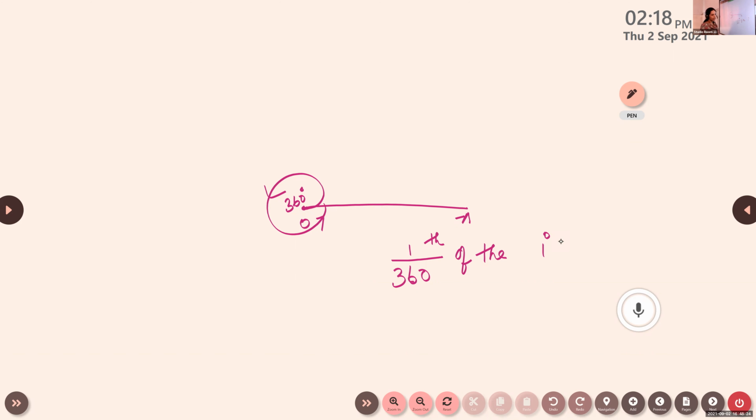So what is 1 degree? It is the angle covered in 1 by 360th of the revolution. Is it clear, children? Therefore, 1 by 360th of the revolution is called 1 degree.